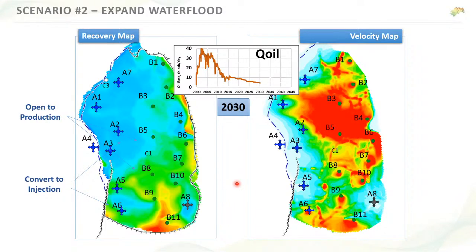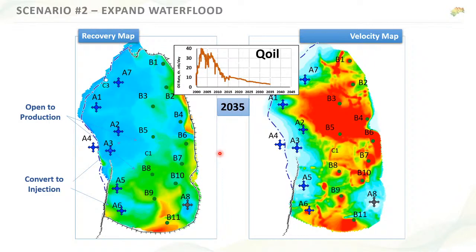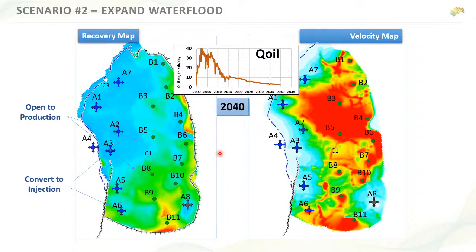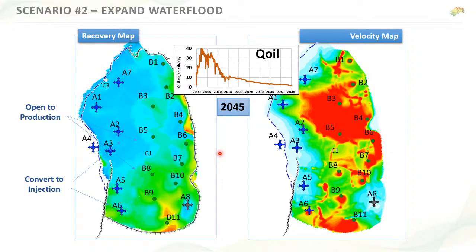And this is 2030. Again, you can see that now we've started to mobilize a little bit of fluid from the lower part of the field also. That's 2035, 2040, and 2045.